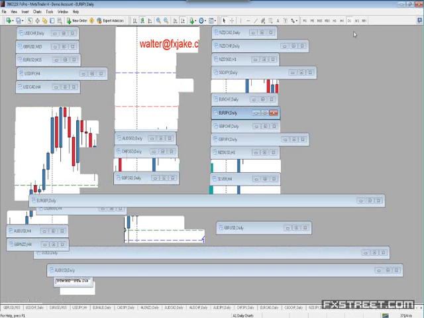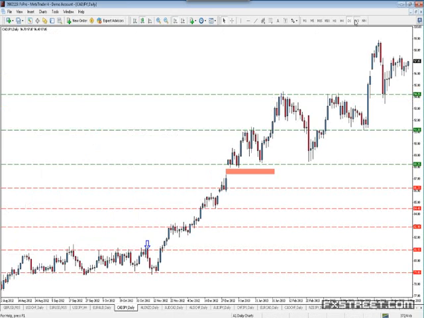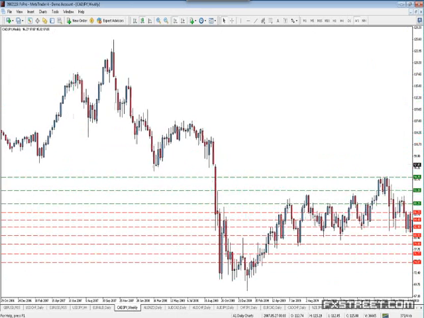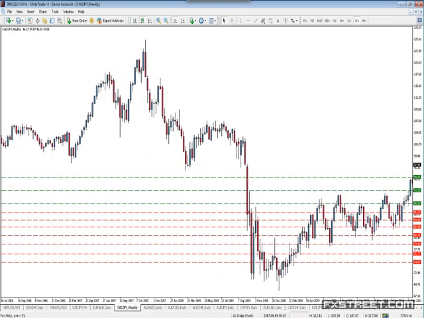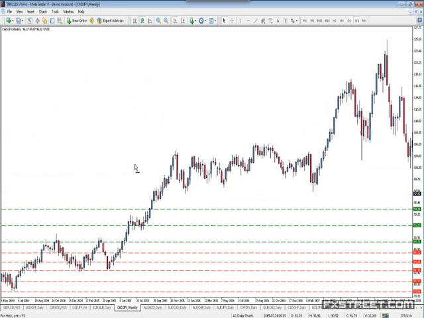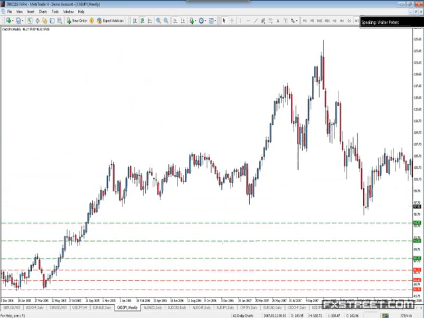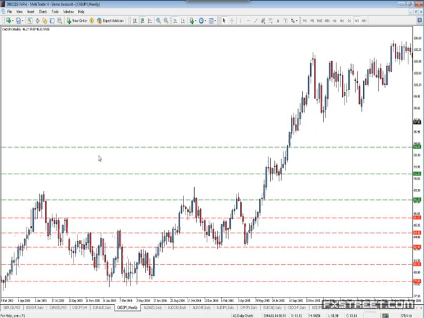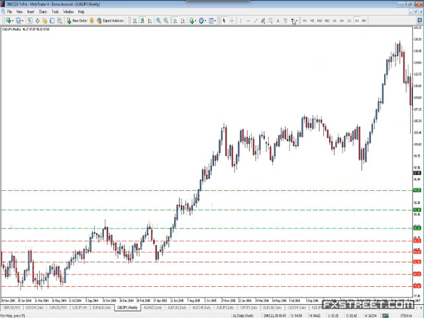I remember, I think it was years ago, on the CAD Yen weekly, this might have been in 2006 or something, we had the CAD Yen running up, and it had sort of this bullish pattern, maybe it was the daily.